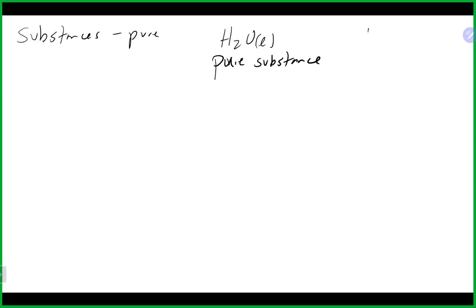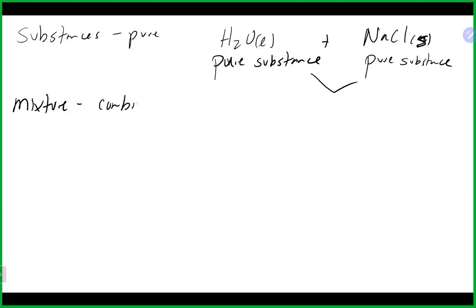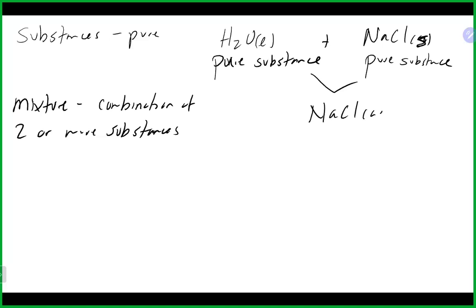If you took some sodium chloride, solid, that is also a pure substance. But when you mix two or more pure substances together, you get a mixture, which is the combination of two or more substances. For example, here that would make some salt water, or a sodium chloride solution.